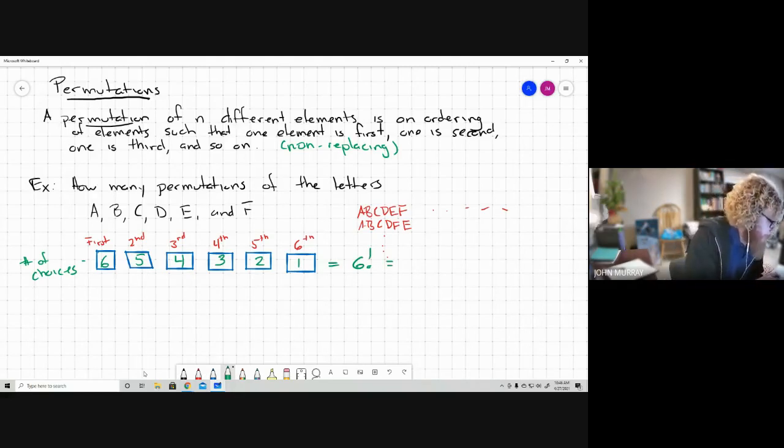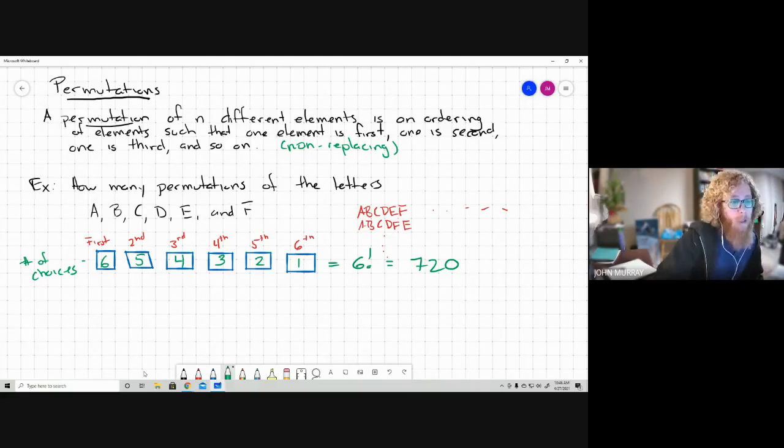And that would be 6 factorial, which in our case would be 720. So there are 720 different permutations of the first 6 letters of the alphabet.